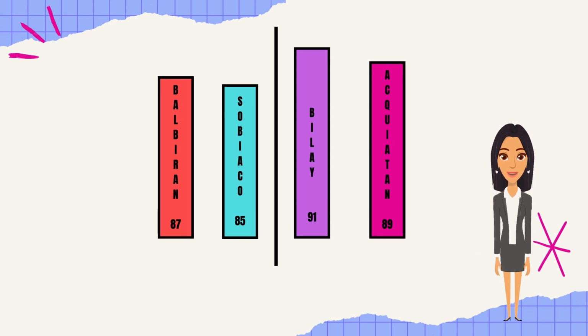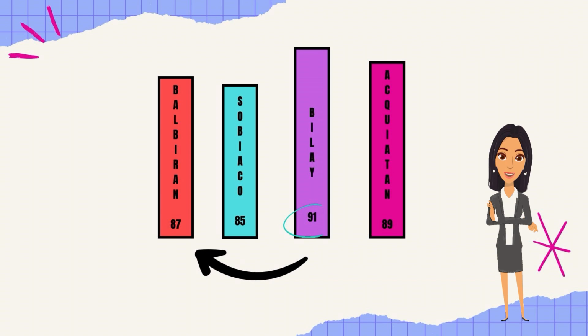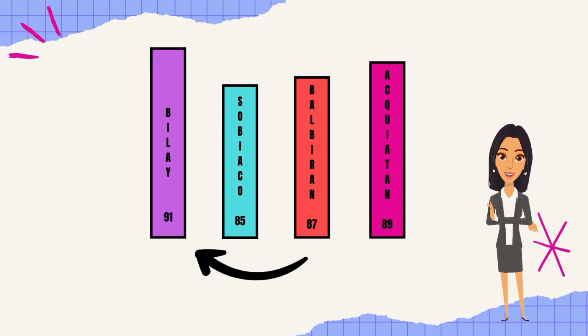Next, after dividing it into 2 segments, now we will arrange them according to their score. TeamSort starts by finding the longest increasing subsequence, which in this case we have BILAY with 91 compared to the first segment, where we have BALBIRAN with 87. Because BILAY has the longest increasing subsequence, BALBIRAN will be replaced by BILAY.